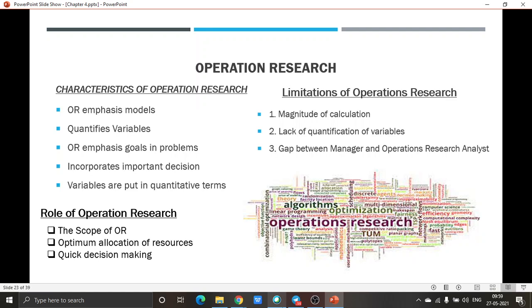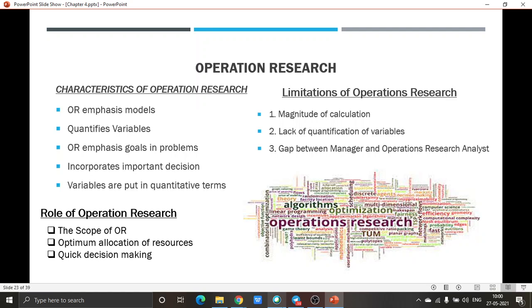Because of the large size of the organization, it needs division of labor, creating a large number of interdependent units and subunits. Now all work together to achieve objectives.